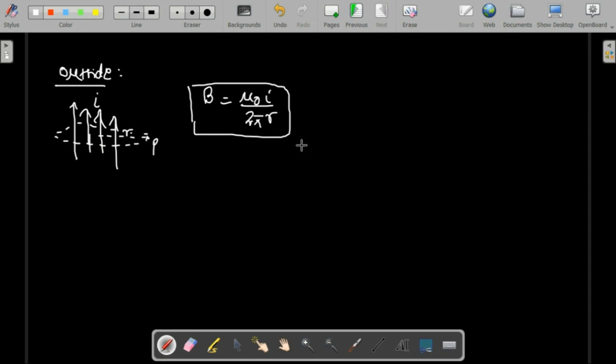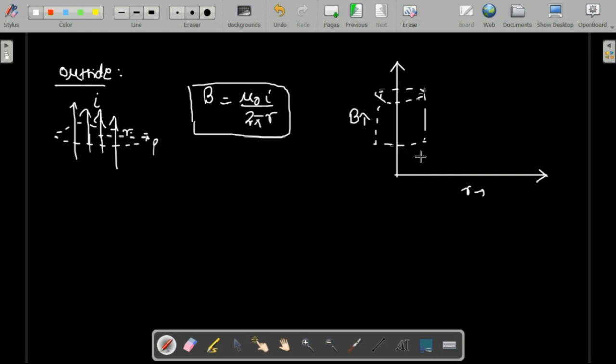Here also we can construct a graph where we take the magnetic field along the y-axis, and the distance along the x-axis. This is the distance r, and this is my magnetic field B. So if you are considering the loop here, this is the border.